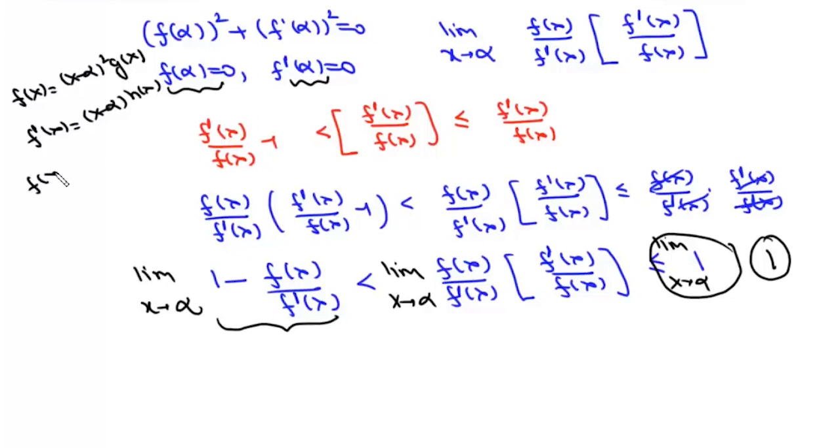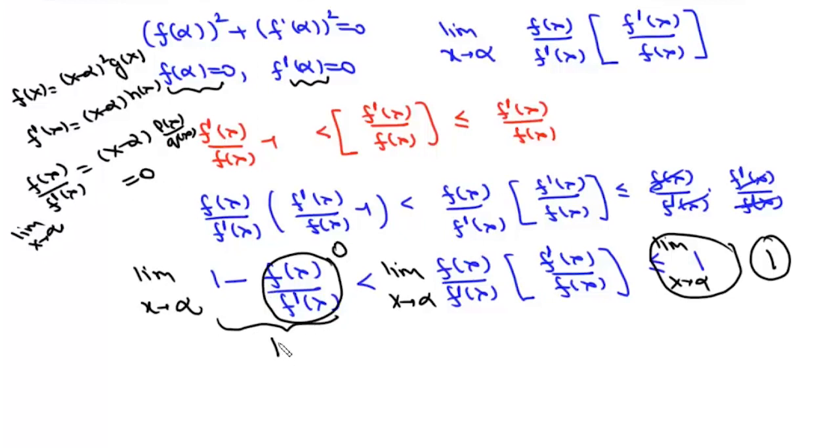So this f(x) upon f'(x) will have x minus alpha and then some ratio of polynomials p(x) upon q(x). Now if we take this limit as x tends to alpha, alpha minus alpha will be 0. So the value of this limit is 0. So this expression will take the limiting value 0.